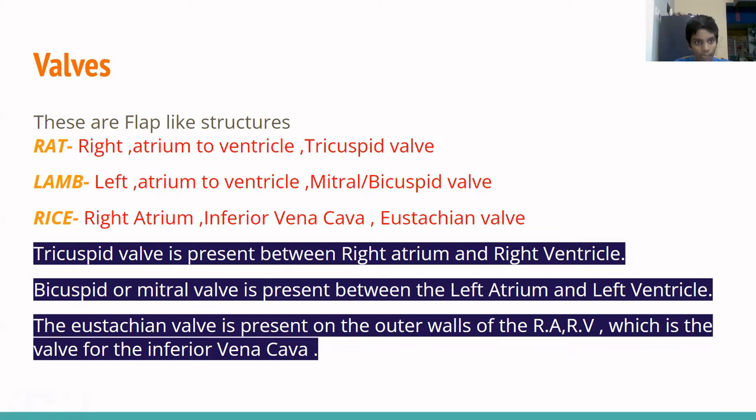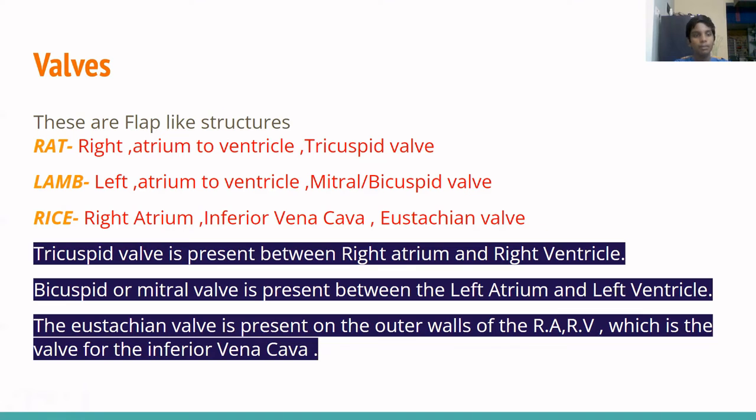A rat, a lamb, and some rice. Rat. Right atrium to ventricle tricuspid valve. So this rat signifies that there is a tricuspid valve present on the right side between atrium and ventricle.